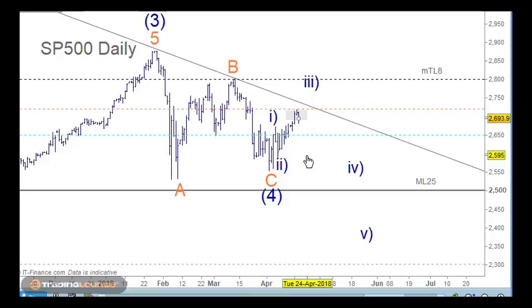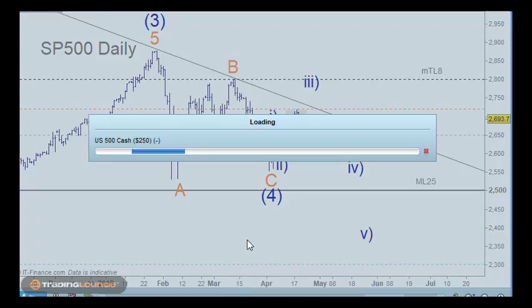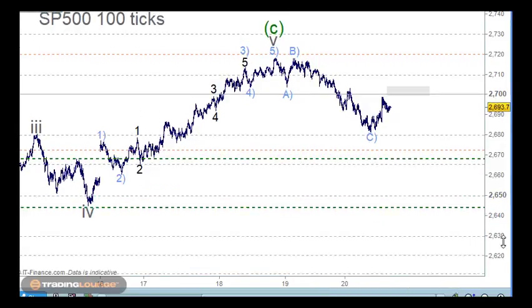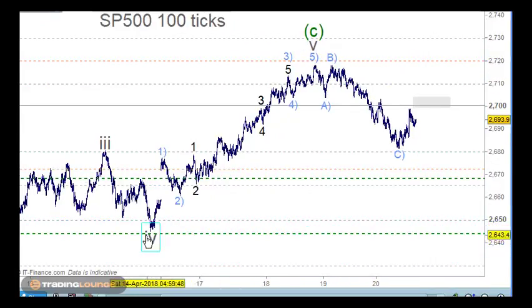So on an intraday basis, just going straight into the tick chart here, our objective was to get up to the 2720 area here, so we're just a couple of points shy from that. But our count from our wave 4 that we were looking at through here to the upside finishes quite nicely to this point.